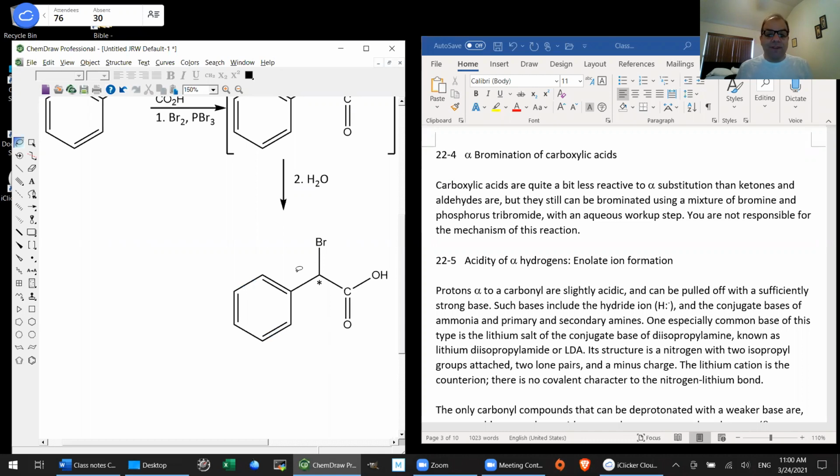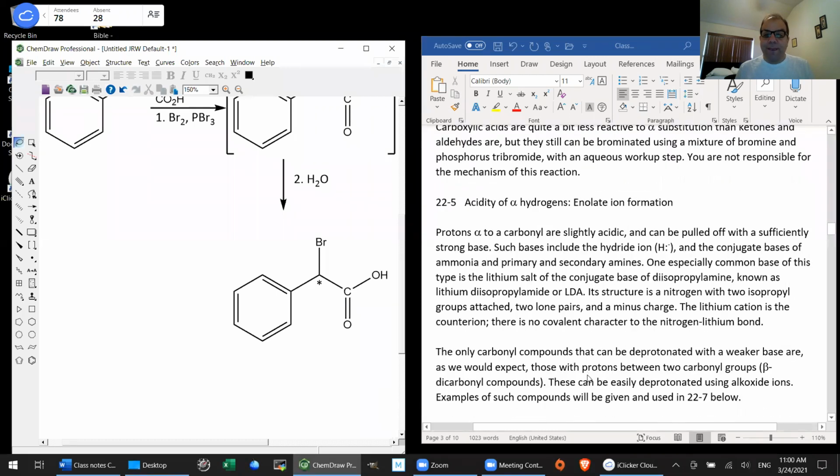But if we had 1 more CH2 in the middle here, we could now treat that with an excess of ammonia, and you'd get a mixture of D and L phenylalanine. So this compound would not give you a naturally protein-bound amino acid, but you can make amino acids using this type of method. So that's something useful that you can do with these things.